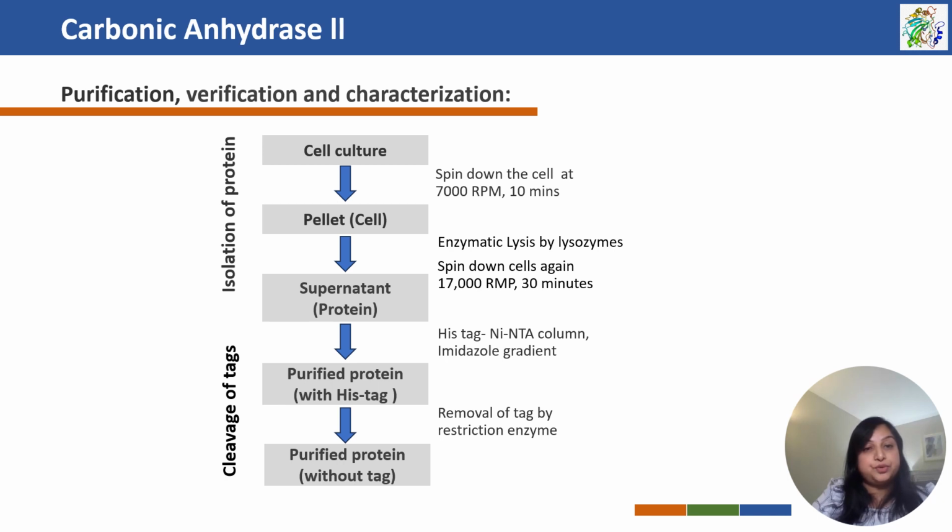I centrifuged the cell culture in 2 steps at different RPM to get a supernatant which contained my desired protein. Then I purified the protein by using appropriate affinity chromatography like His-tag nickel NTA column, as my protein contained this tag. Restriction enzyme was used to clip the tag from this tagged protein.